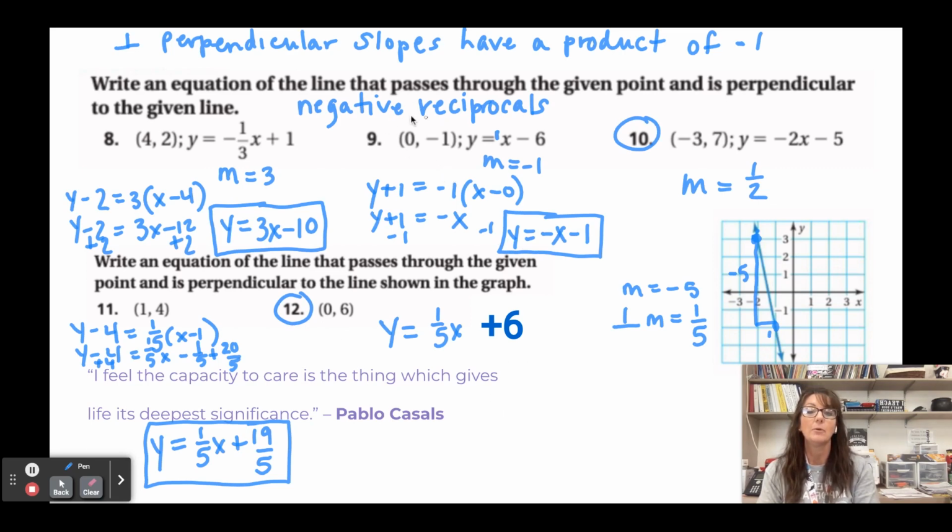Notice how I did the whole work as if I didn't realize this is the y-intercept, but look at how it all turned out, right? This is my slope, -1. This is my y-intercept, and this is what my equation worked out to be. So I worked it out just so you would know the math always does work, but if you have x as a 0, your y coordinate is the y-intercept.